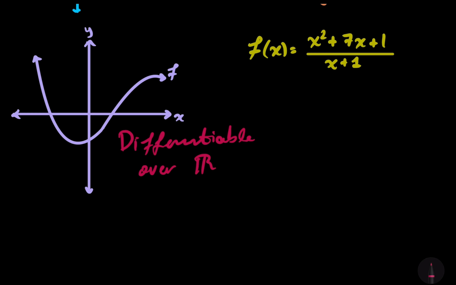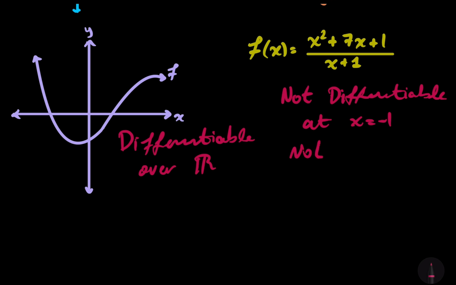And then finally, let's take a look at an equation of a function. So we have this rational function over here, f of x, and just from visually inspecting the equation, we can say that we are not differentiable at x equals -1. Why? Because we're not continuous at this particular point, right?